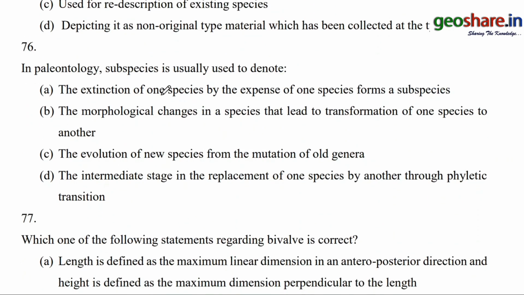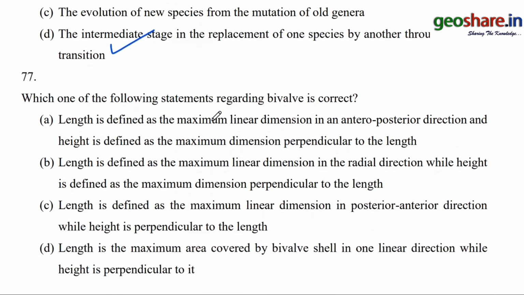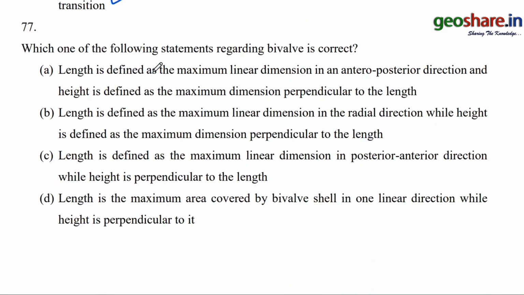In paleontology, subspecies is usually used to denote the intermediate stage in the replacement of one species by another through phyletic change. Which one of the following statements regarding bivalve is correct?